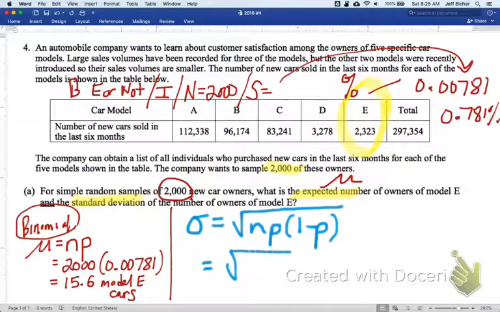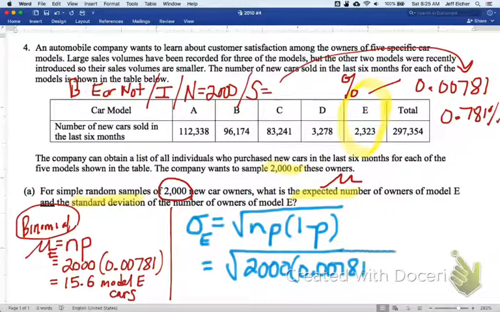Maybe I'll call that standard deviation of model E, and this the mean of model E. So we have 2,000 cars, the probability of 0.00781, and then 1 minus 0.00781, and that would be our standard deviation for the number of Model E cars that we're expecting.